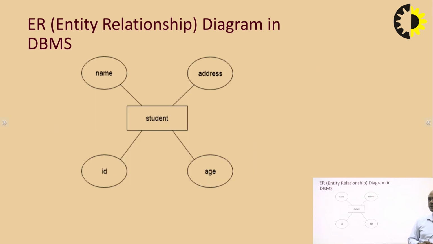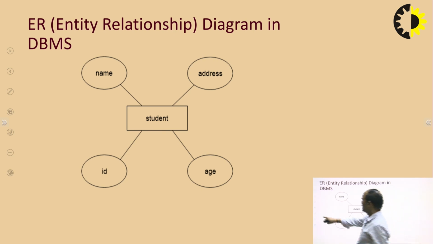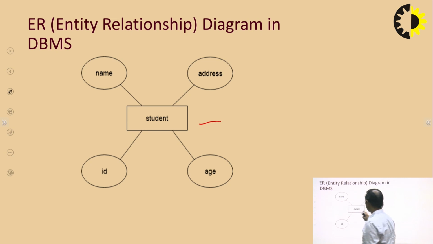How can we draw the database structure in a DBMS? We can easily draw a diagram, that is student. We can see over here, this is student.